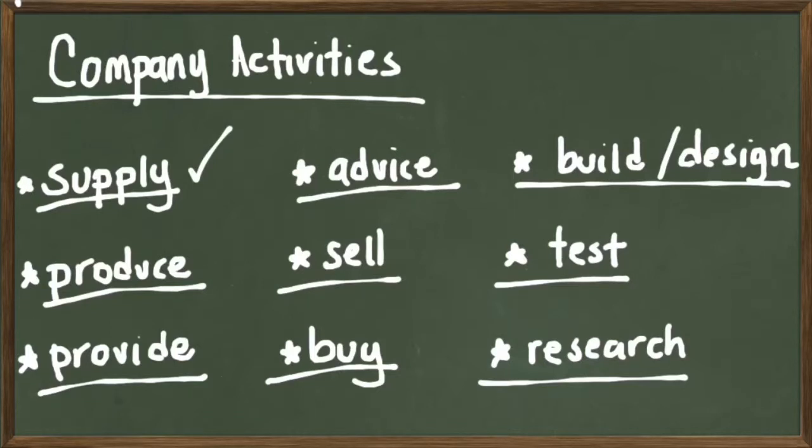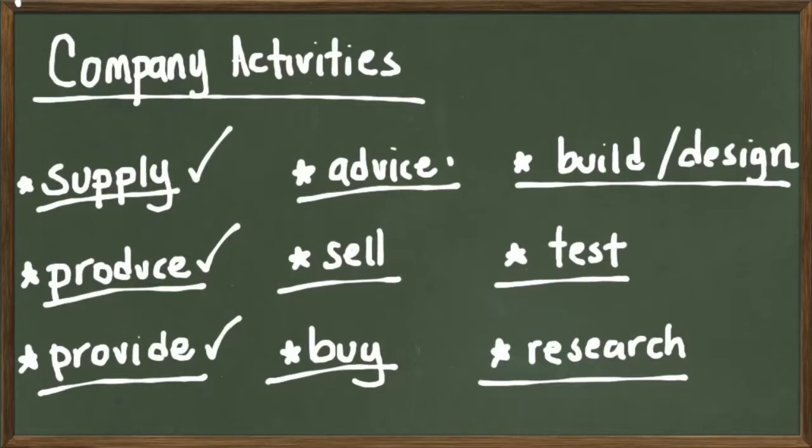Produce refers to the creation of physical products, things that we can touch, like cars, coffee mugs, backpacks, tires, etc. And provide refers to services. Remember that a service is something that you cannot touch. We can provide advice, you can provide software, and right now I can't think of another one, but you can ask your teacher.